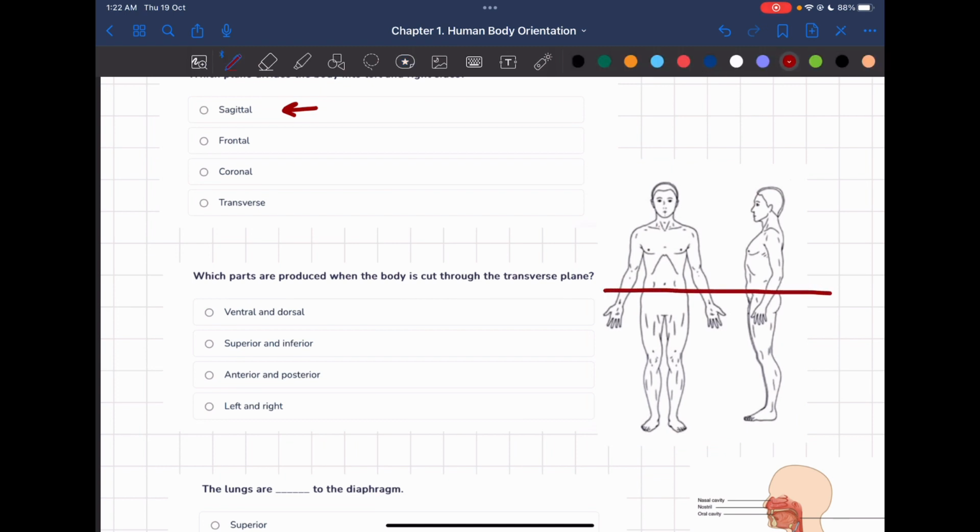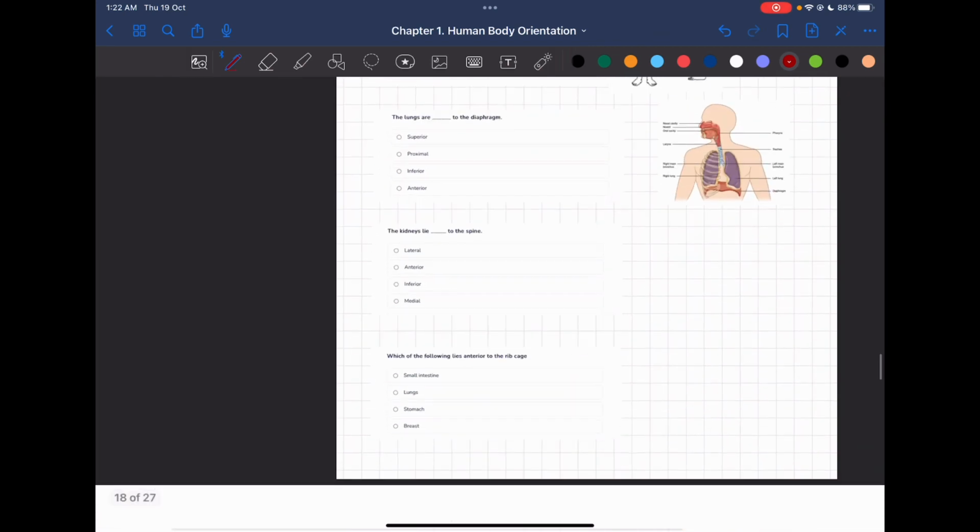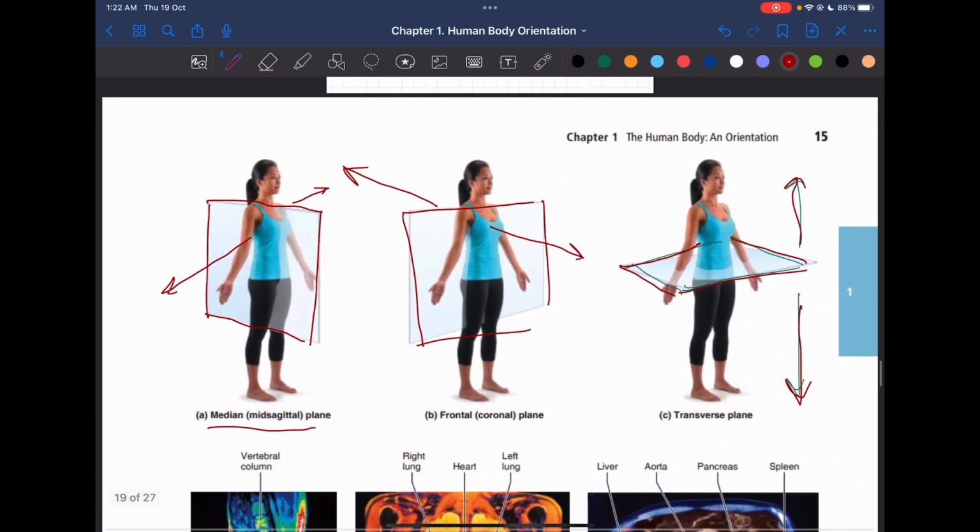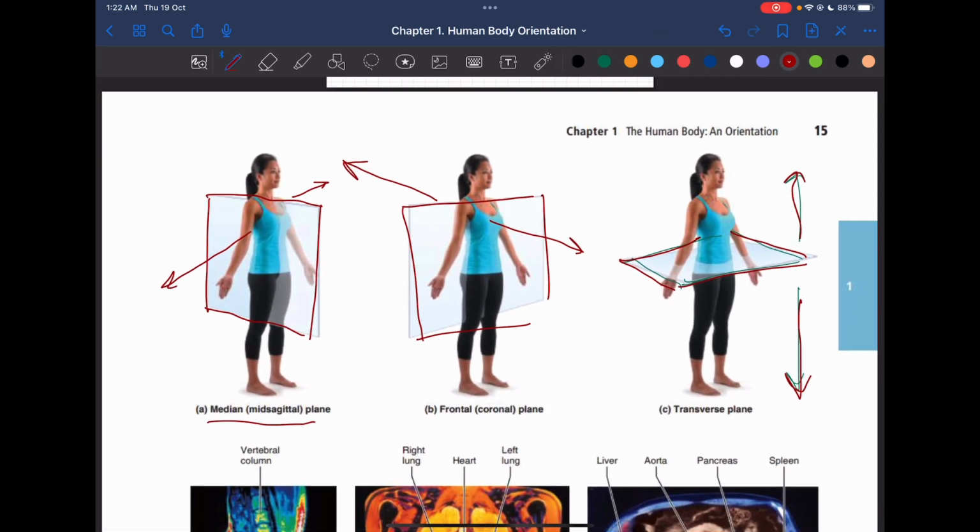Transverse, like this, gives the ventral and dorsal, which is like anterior and posterior. For some reason they used ventral and dorsal and anterior and posterior, even though they basically mean the same thing. There are different cases when you use them, but you don't really need to know them right now. So transverse is up and down.